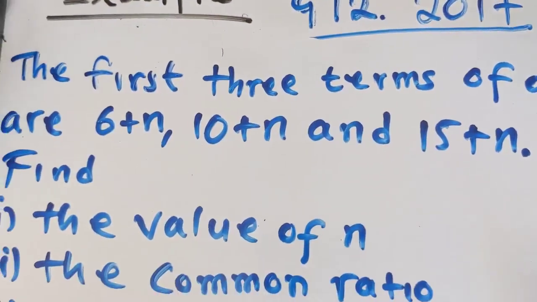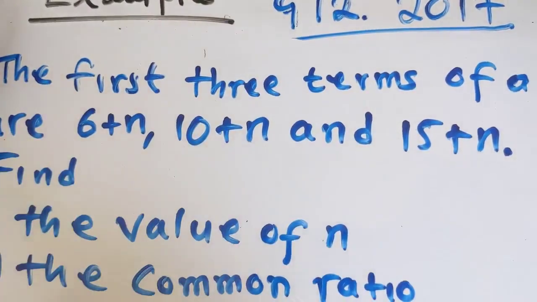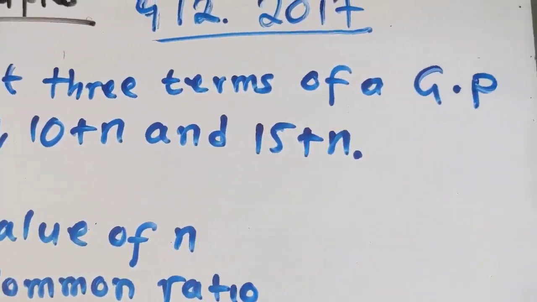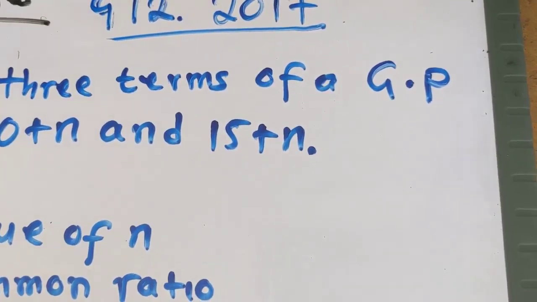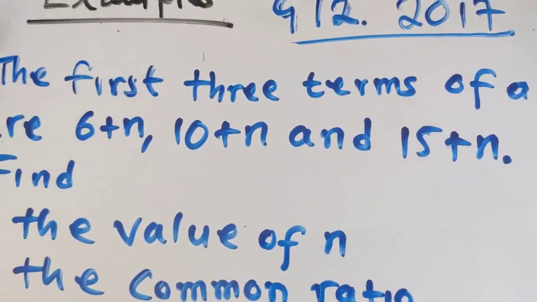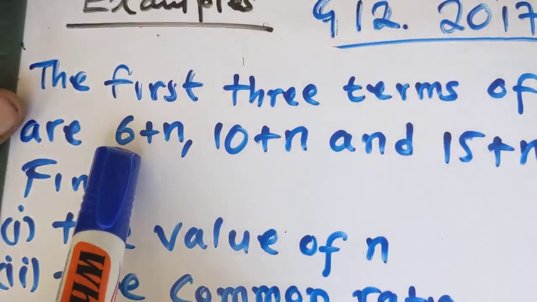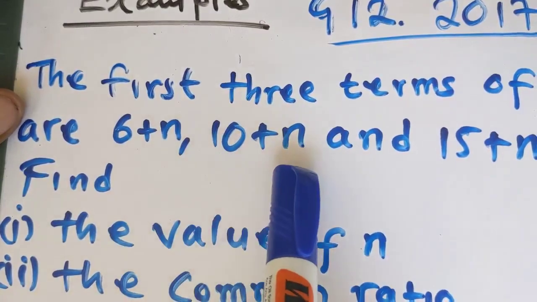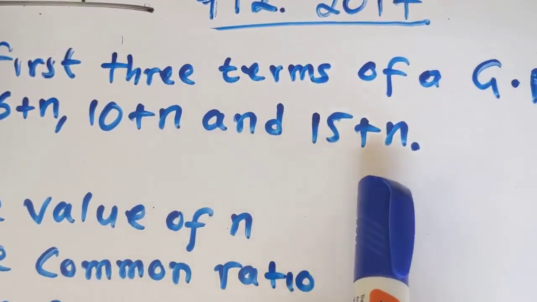So this is a question that came. They are saying that the first three terms of a GP, which is geometric progression, are 6 plus n, 10 plus n, and 15 plus n.